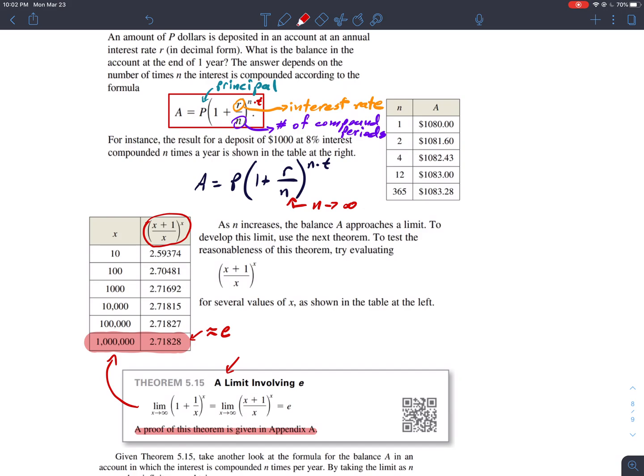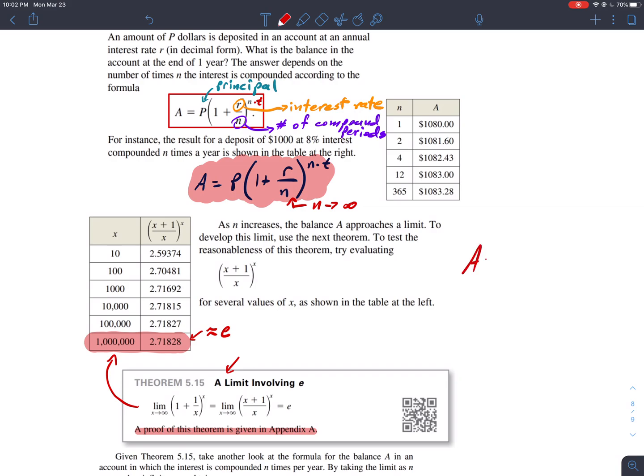Well, how does that fit our compound interest formula? Well, you've probably heard it said that if n approaches infinity in this general basic compound interest formula, then this formula turns into Pe^(rt).